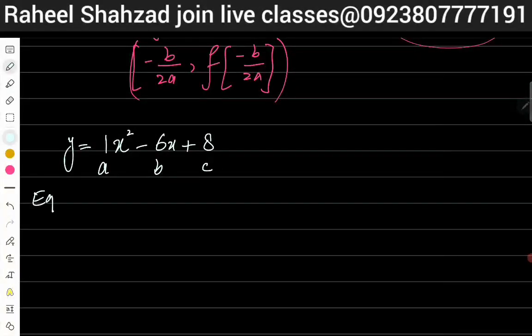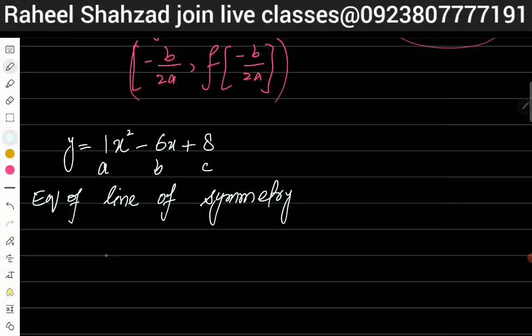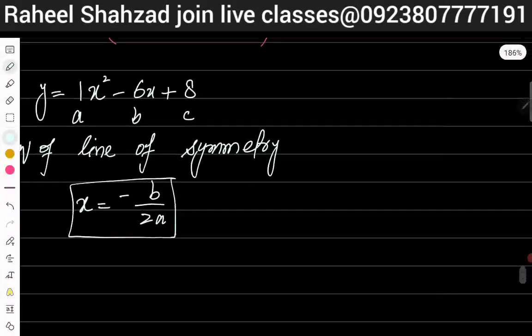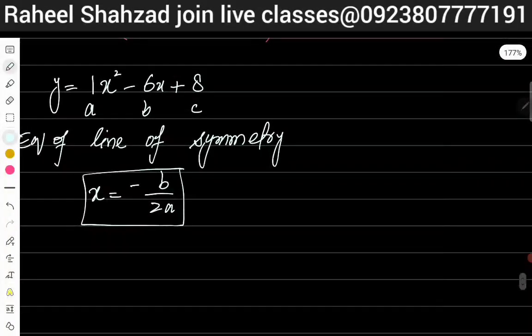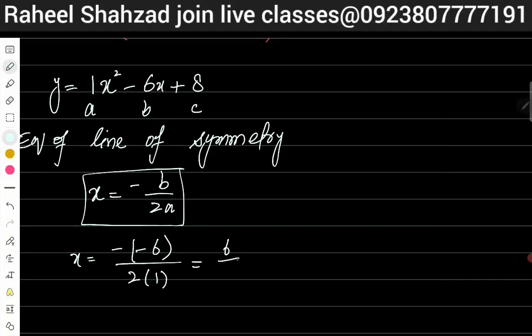So we know that the equation of the line of symmetry is x equals minus b divided by 2a. That makes it 6 divided by 2, that is equal to 3. So the line of symmetry that divides this graph into two equal halves is x equals 3.